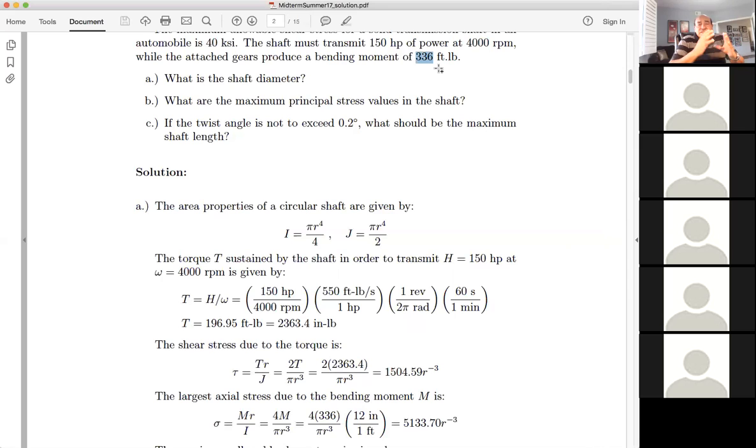And then we just try to see if there is something that this can lead to failure. So that gets us to the idea of failure theories. And the idea of failure theories is that we're not considering just the shear stress. We would like to know what is the maximum shear stress.